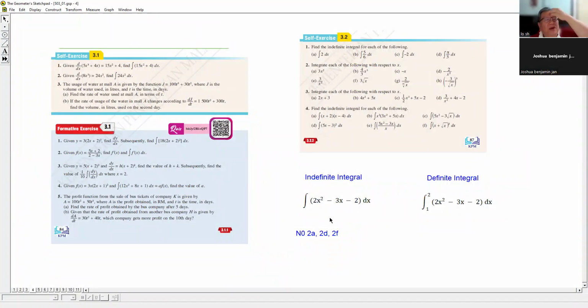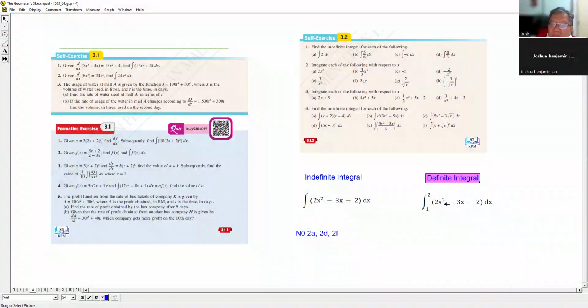Earlier on, I told you what we are doing here is indefinite integral, and when you integrate an indefinite integral, you have to add c. A definite integral has a number at the top and a number at the bottom, called the upper limit and the lower limit.